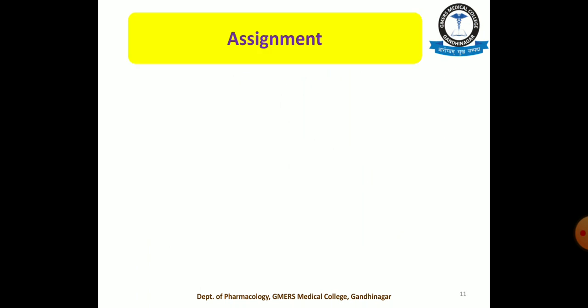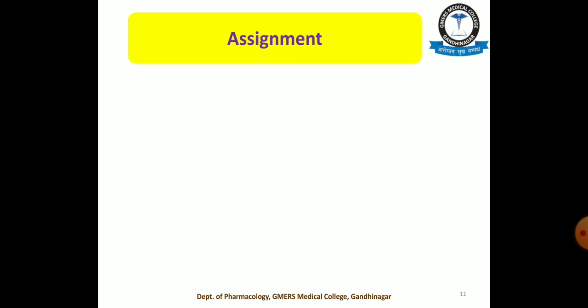So in this class we have discussed what is dose response relationship, what is its clinical importance, what is log dose response, what are its advantages over dose response relationship, concept of efficacy and potency, why the relative potency is more helpful in clinical scenario, then the nature of the curve, steep dose response curve and flat dose response curve, and very important, the therapeutic range.